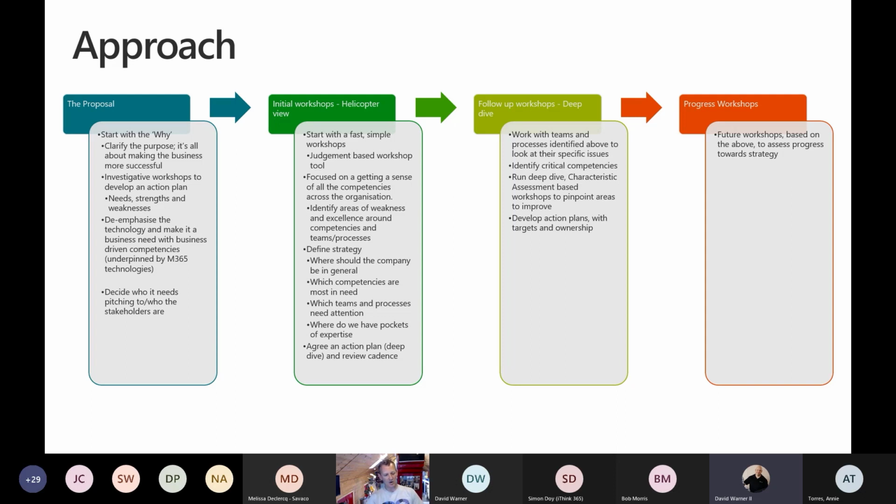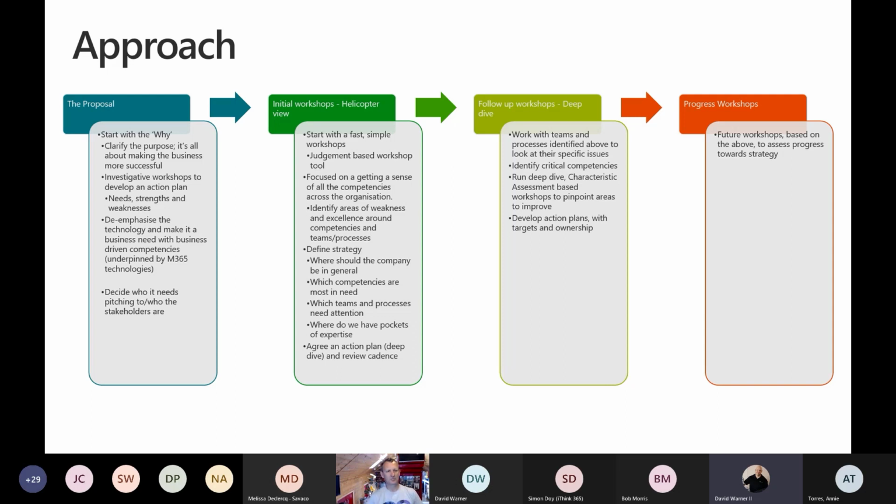So we might say, we know that marketing are deeply rubbish at process. We know that communication are in need of some improvement with their communication competency, because they only think about it from this perspective. We know that operations are really good at process, but not so great at collaboration.